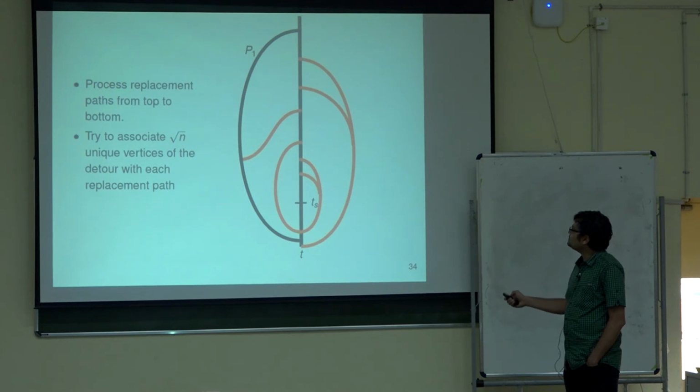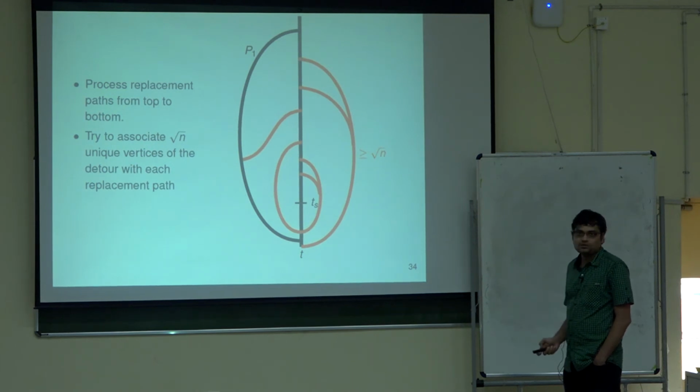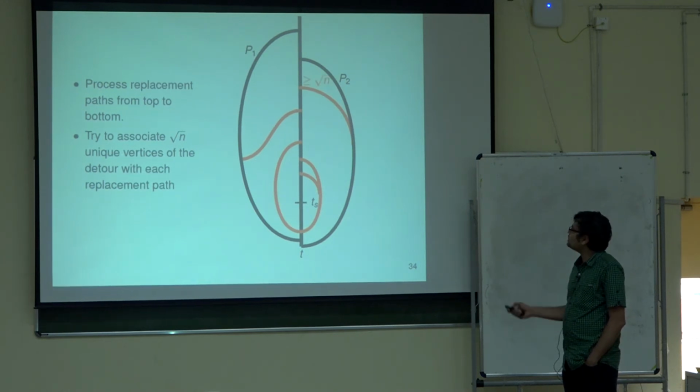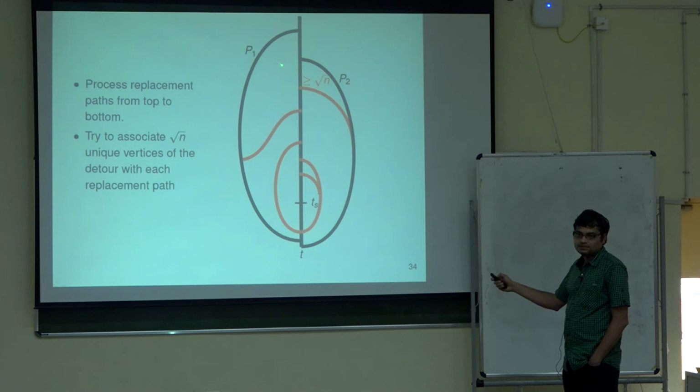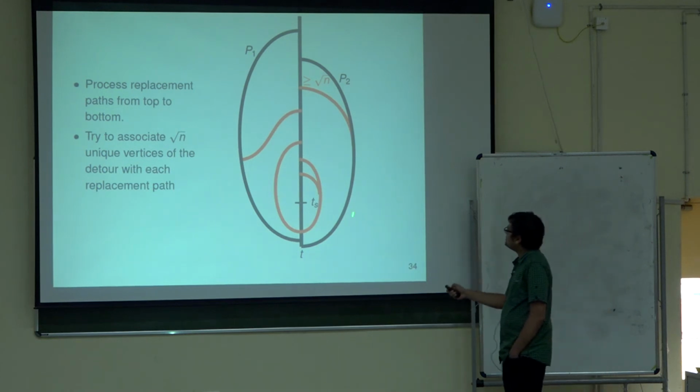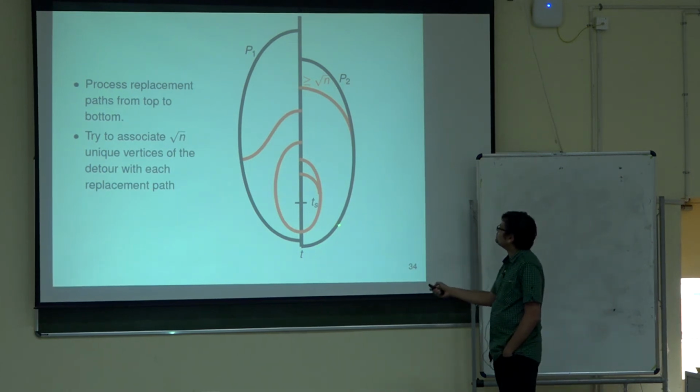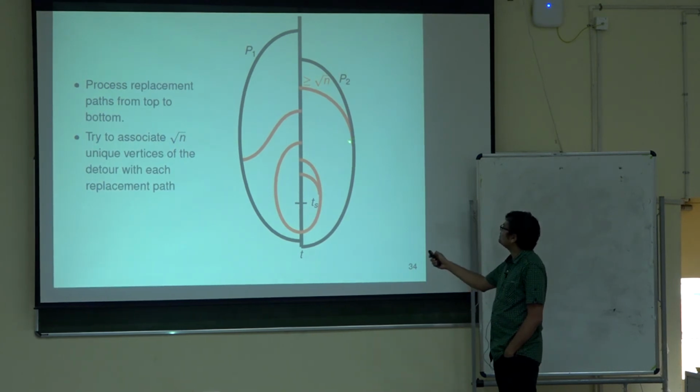Next is maybe this. So this is my next replacement path. Again I see that the number of vertices here is greater than square root of n. Well, I will associate the vertices here with this replacement path, which is P2. My next replacement path is this, which is P3. Well, I have already associated vertices from this path to P2, so I cannot associate vertices here, but let's look at this particular orange path.